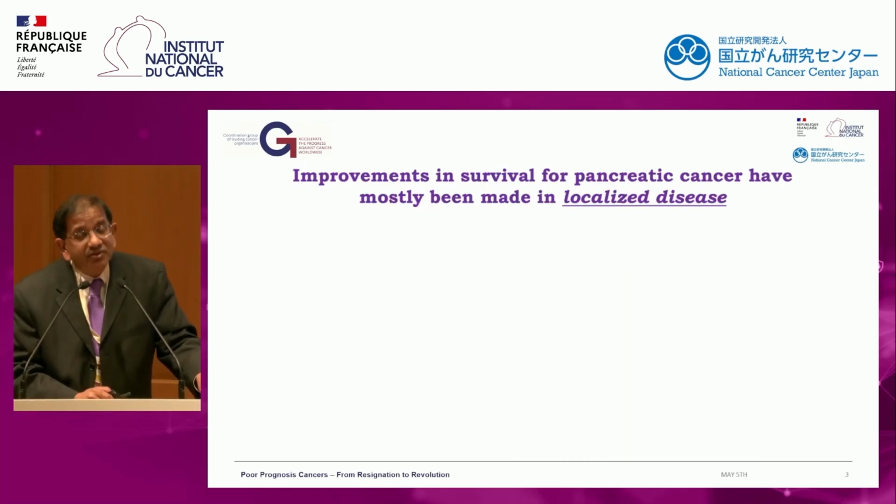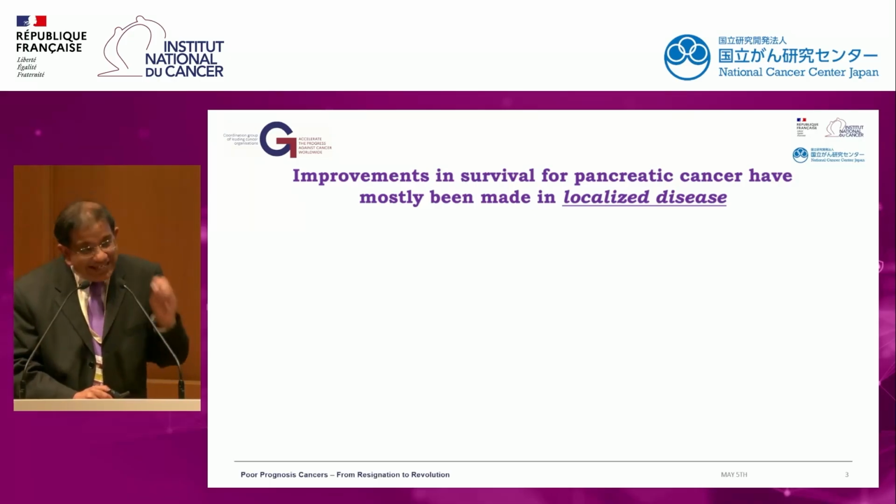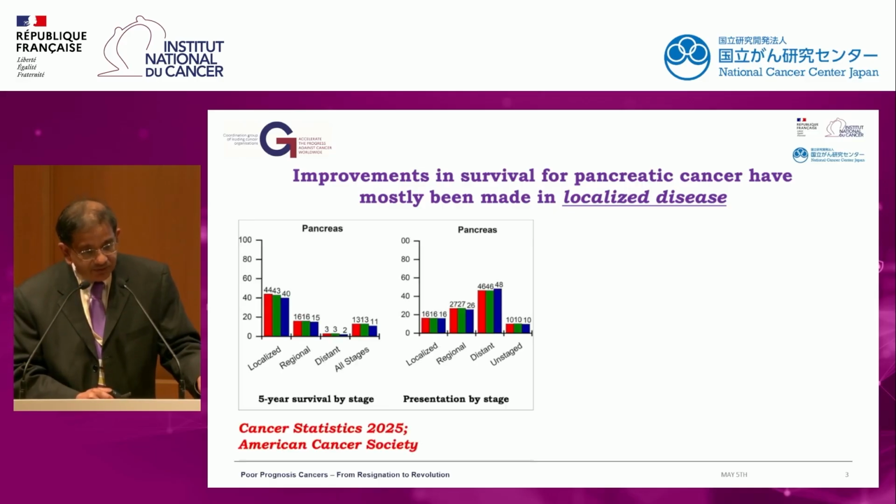So improvements in survival for this disease, and Yoshi talked about it, but the reality check in those numbers is that it has really mostly happened in the context of localized disease, not in the metastatic patients who are the vast majority of individuals who come to the clinic. These are the numbers from this wonderful publication that the ACS releases every year, called Cancer Statistics.